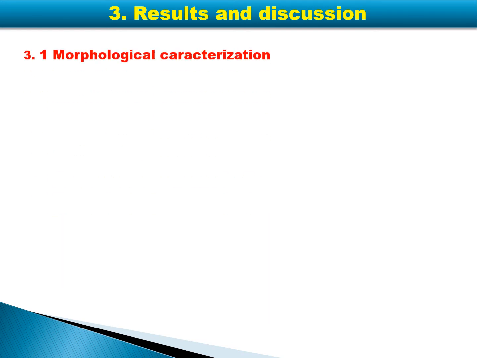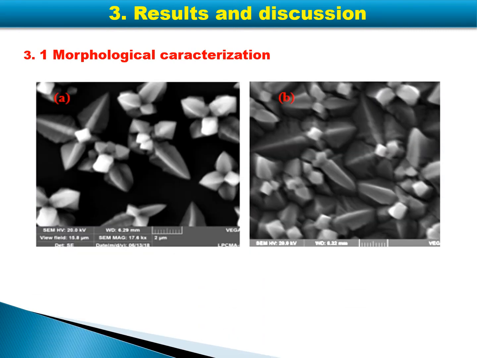The films obtained were characterized by scanning electron microscopy, and the results show the formation of dendrites of copper oxide for both potentials, minus 0.16 volt and minus 0.17 volt.